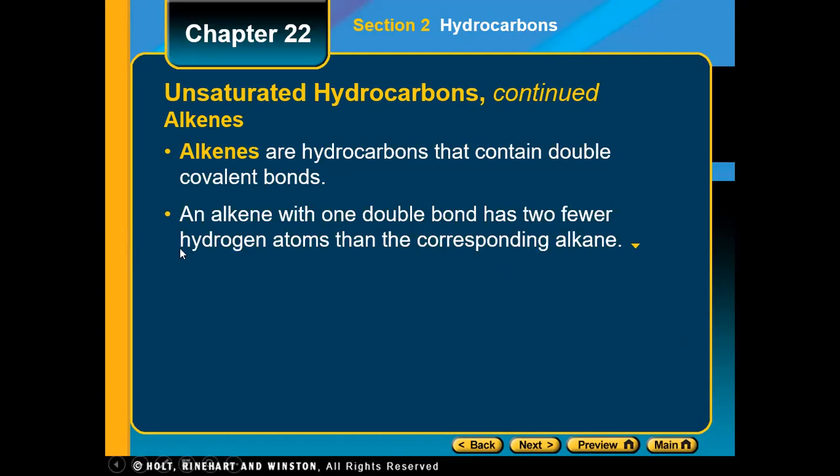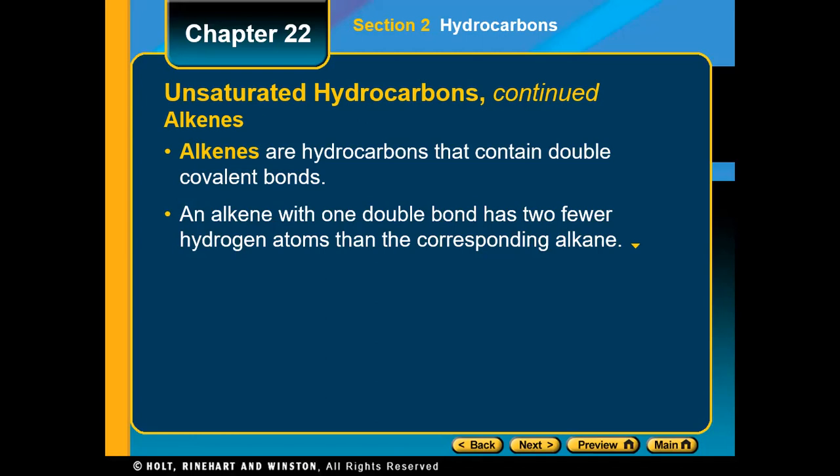And I'm pretty sure that you understand why this statement is here. An alkene with one double bond has two fewer hydrogen atoms than the corresponding alkane. This is what I want to explain. If I have a pentane and I have a pentene, of course the pentene is the alkene, the pentene is going to have two fewer hydrogen atoms than the pentane.